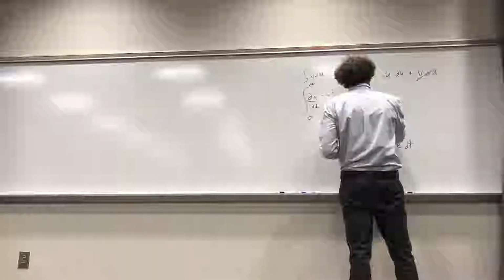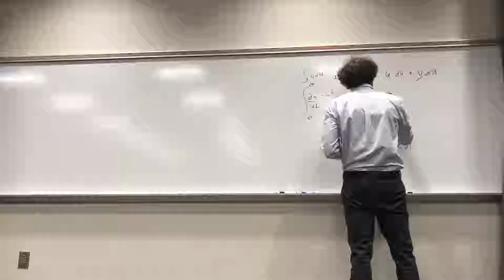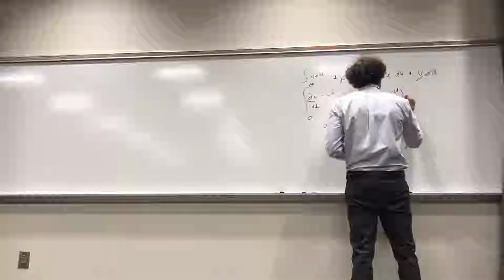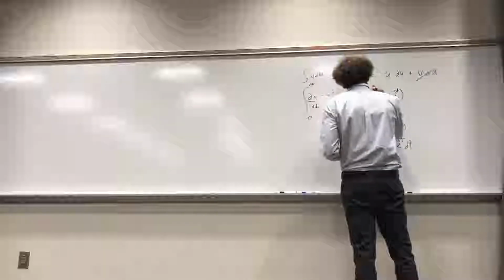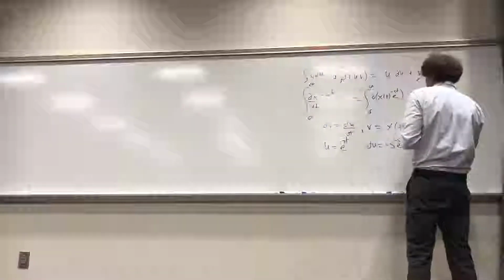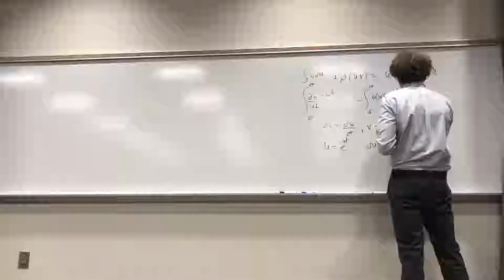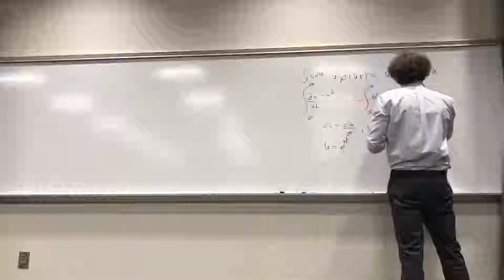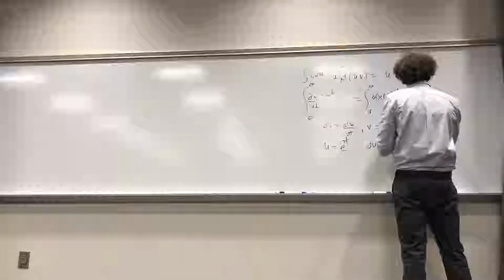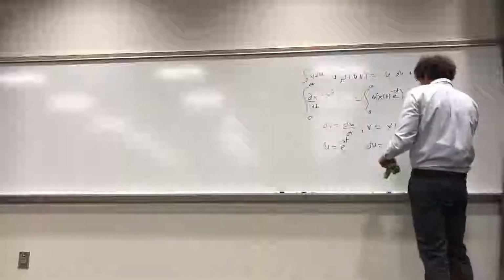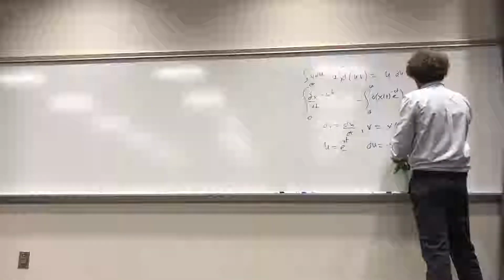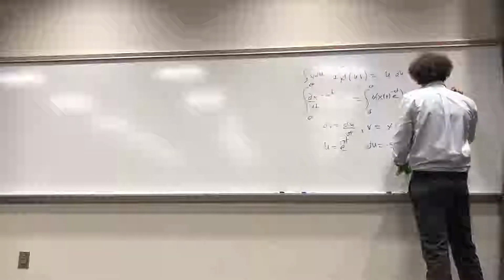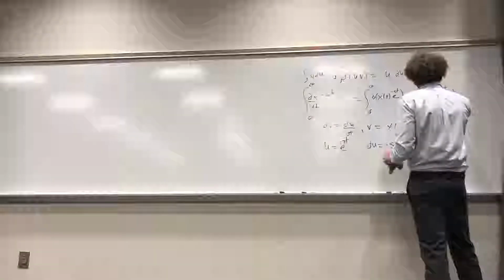The differential of x of t times e to the minus st integrated from 0 to infinity, which is just going to be x of t e to the minus st. And then it's going to be minus the integral of v du. Well, v is x of t here, and du is minus s, makes that plus, and I can take the s out in front, e to the minus st dt from 0 to infinity.